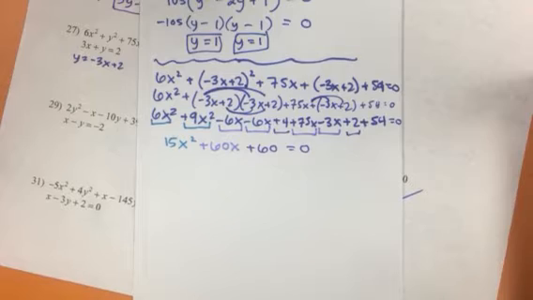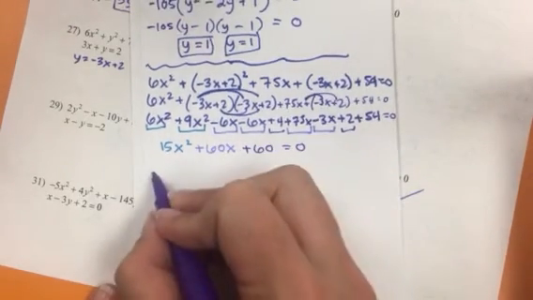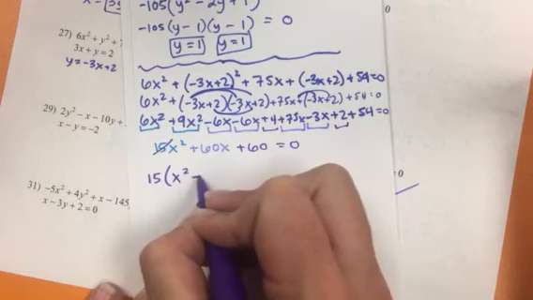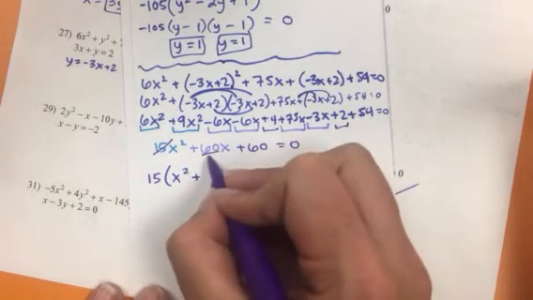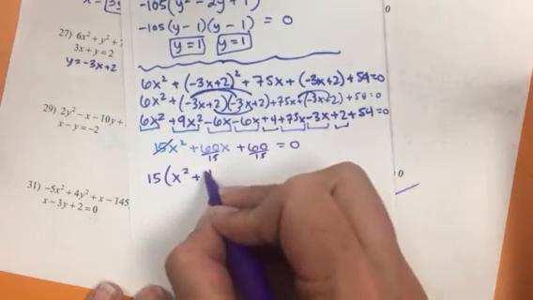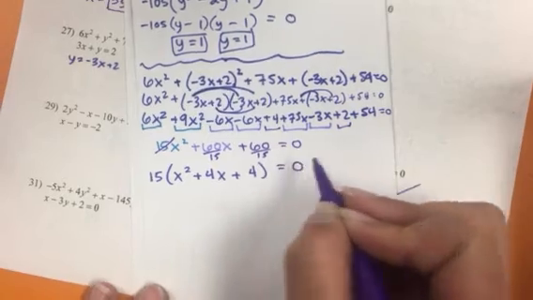Alright, then we check. 15 can go into all of these, so I'm going to take a 15 out, which is x squared plus, everything divided by 15 is 4x plus 4 equals 0.